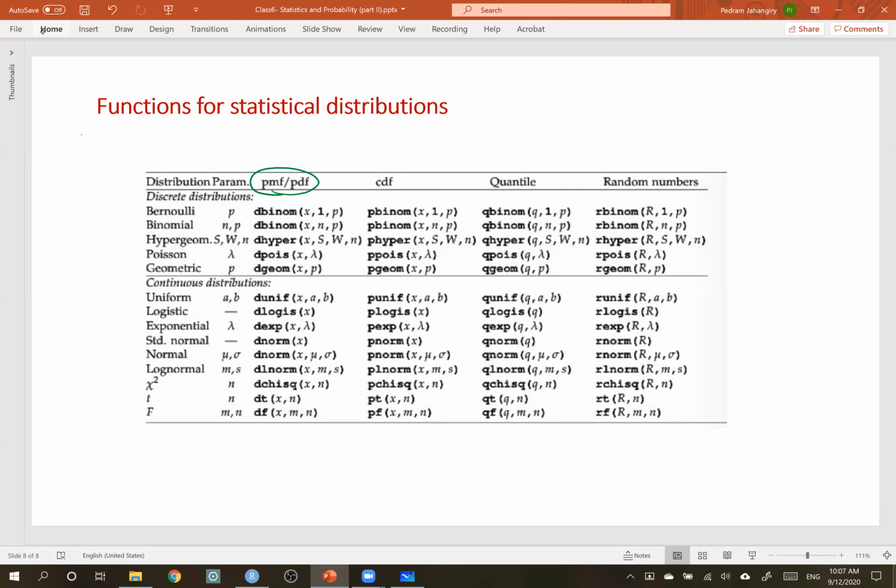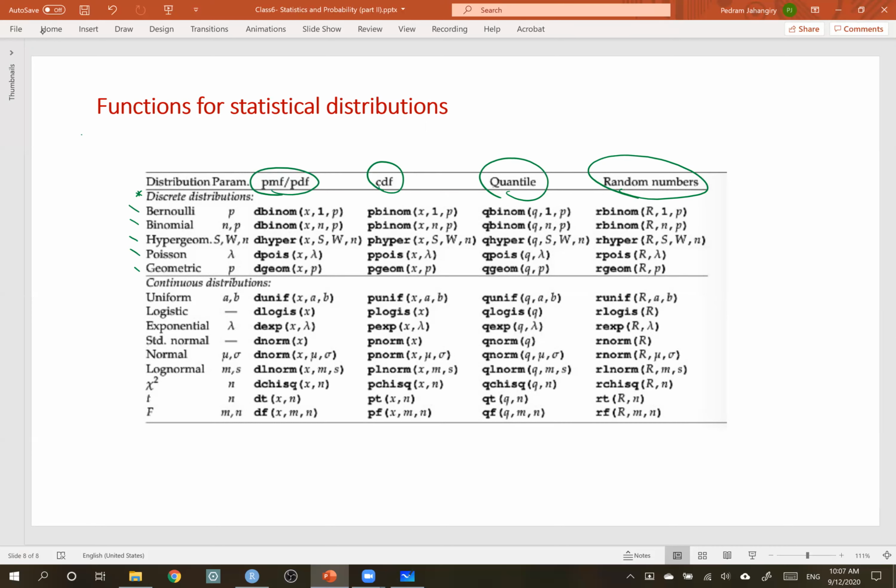So we have PDF, CDF, quantile, and random numbers. Each of them applies to distributions. For instance, if you're talking about discrete distributions, what types do we have from your stat course? We can have Bernoulli, binomial, hypergeometric, Poisson, and geometric, right?